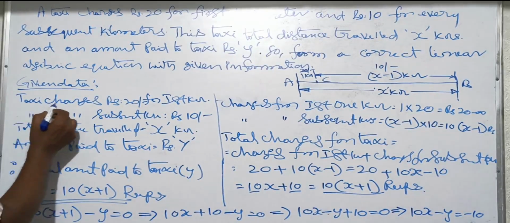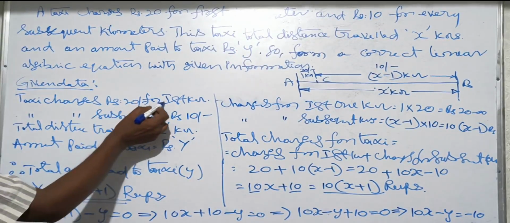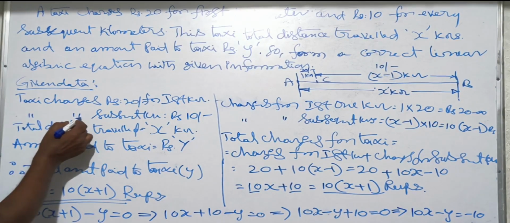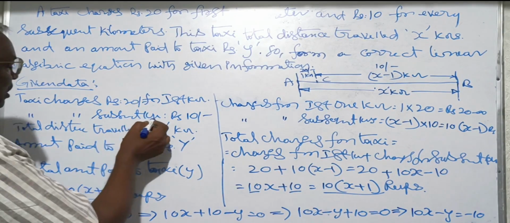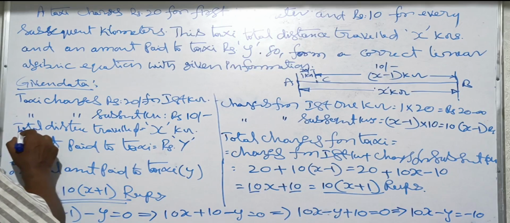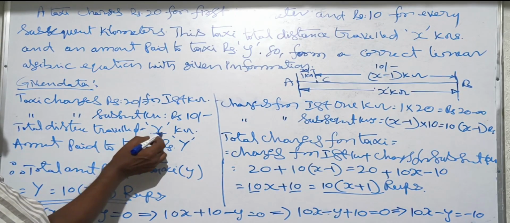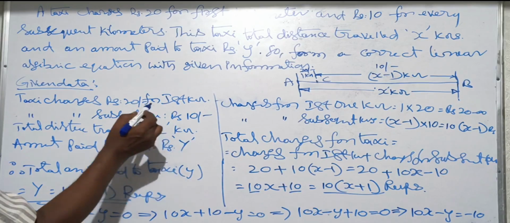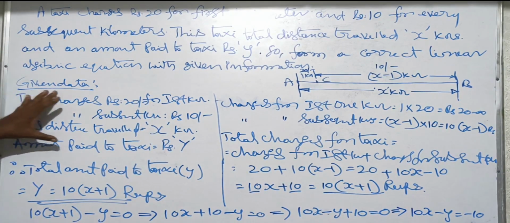The given data: the taxi charges rupees 20 for the first kilometer and rupees 10 for subsequent kilometers. The total distance travelled is x kilometers. The amount paid to the taxi is rupees y.